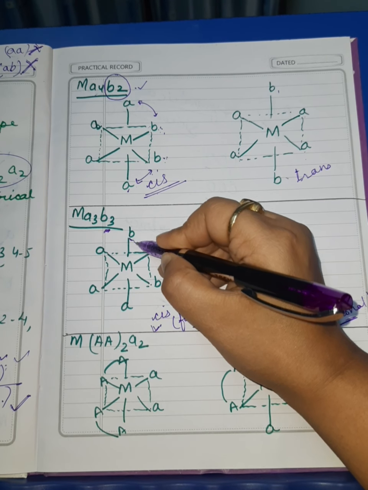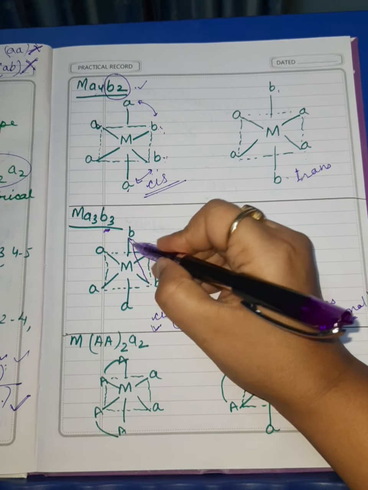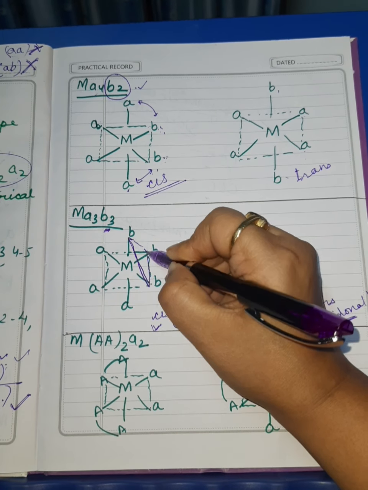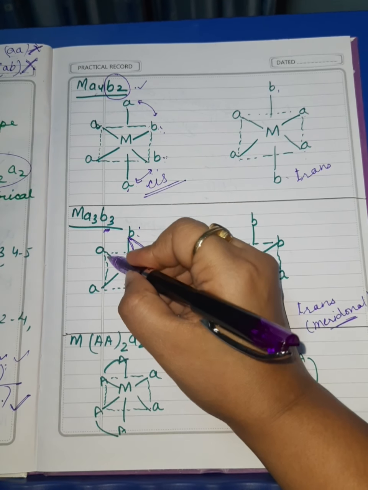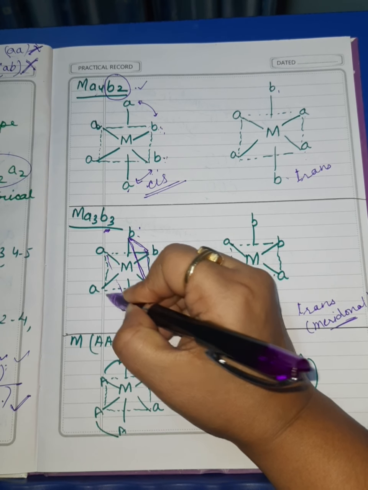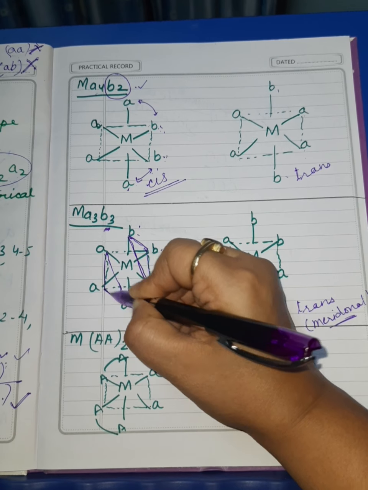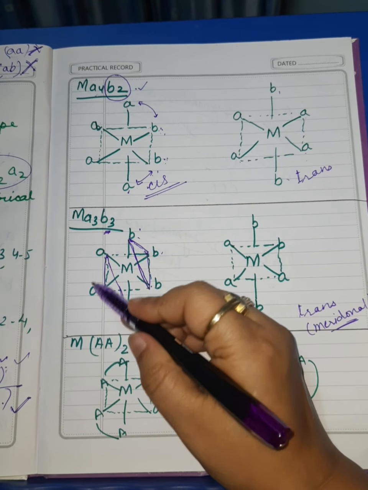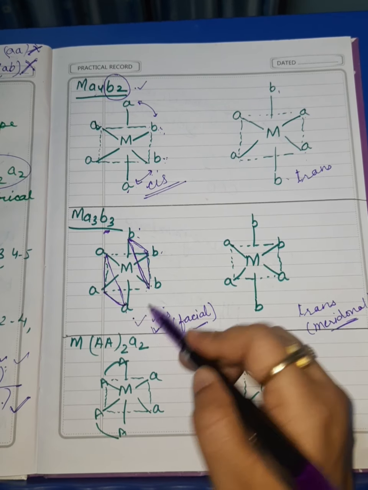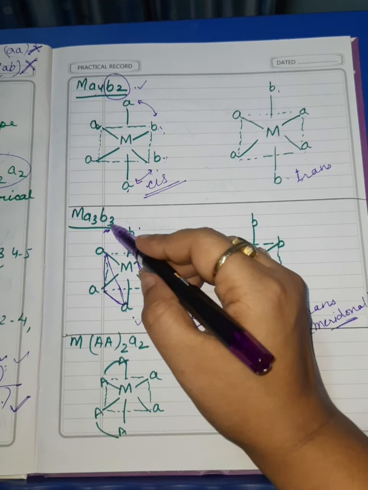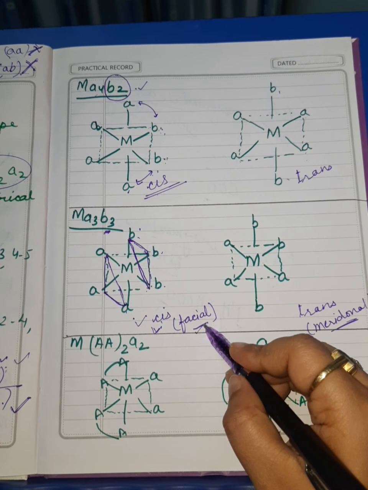If I join these ligands, I get a face of the octahedron occupied by 3 B ligands. Similarly, if I draw a face below the plane, a face here is occupied by 3 same A ligands. So this situation corresponds to cis form. Since a face is occupied by similar 3 ligands, cis form is also known as facial isomer.